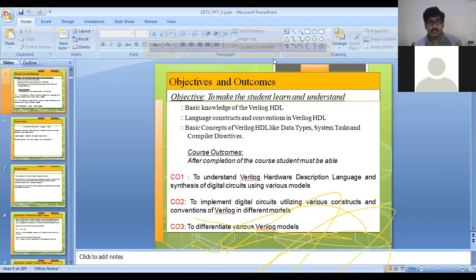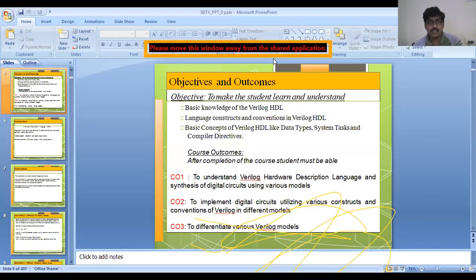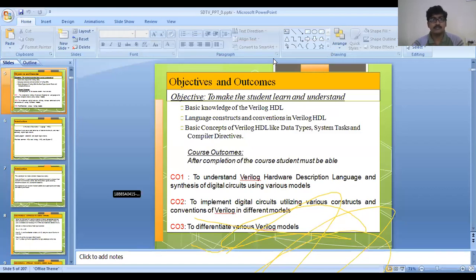Basic knowledge of Verilog HDL, and also the student must learn and understand the language constructs and conventions in Verilog HDL. Different types of constructs, such as the always statement, or any other different types of syntaxes.